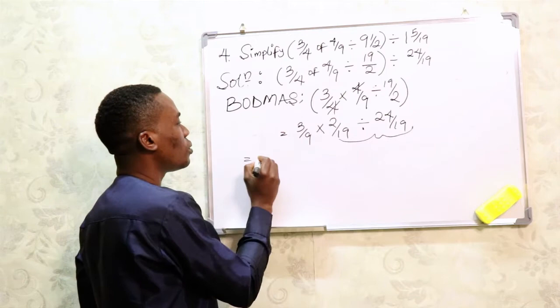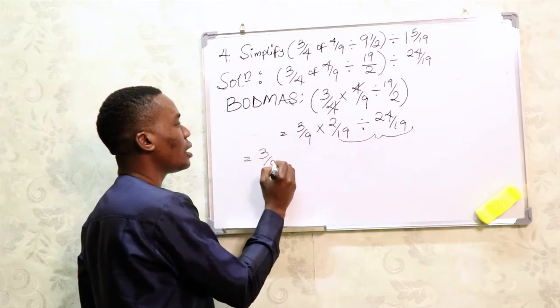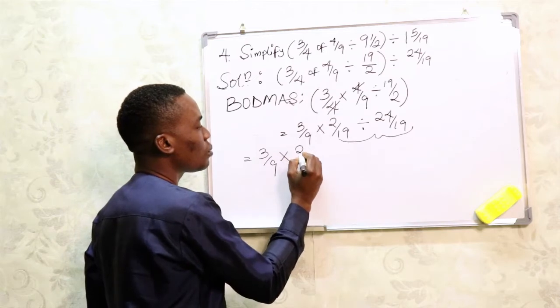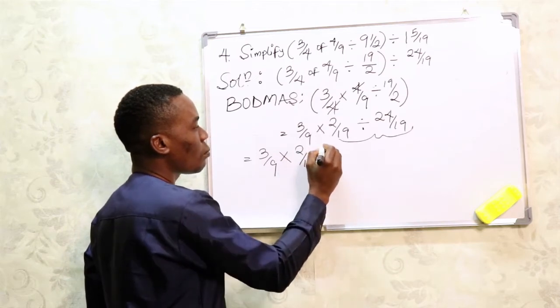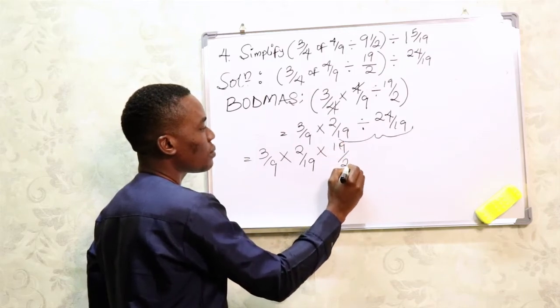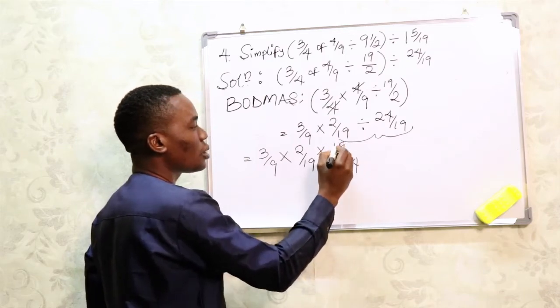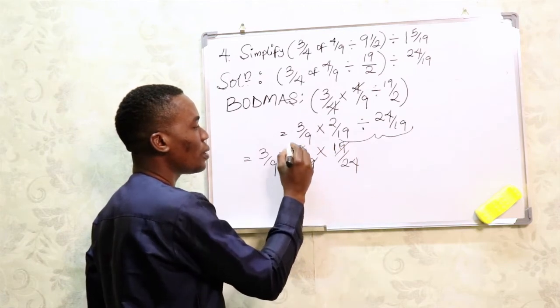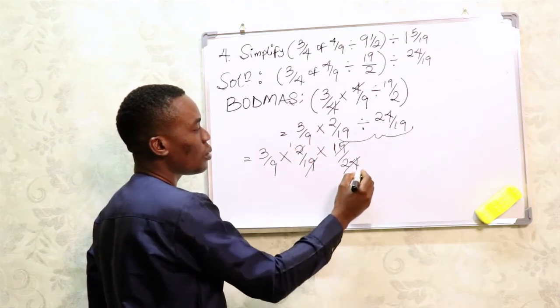Now let's take care of this division, these two. This will give us 3 over 9 multiplied by, this division will now give us 2 over 19 multiplied by 19 over 24. Now, naturally, 19 will kill 19. 2 here will give you 1, and 2 here will give you 12.